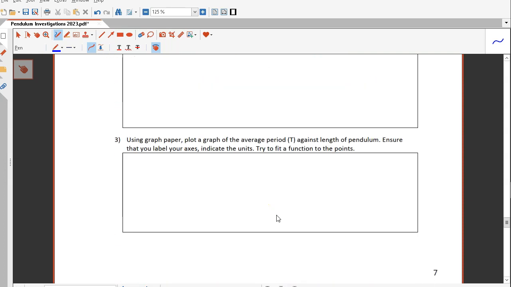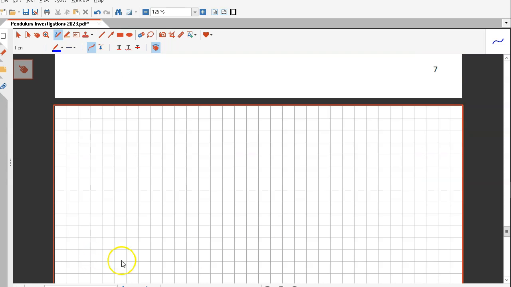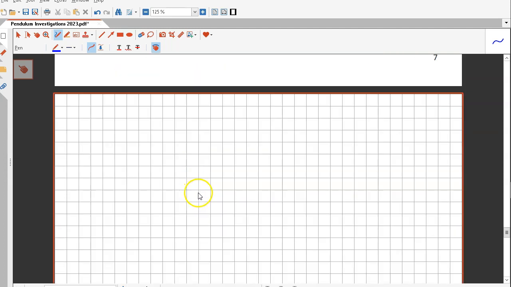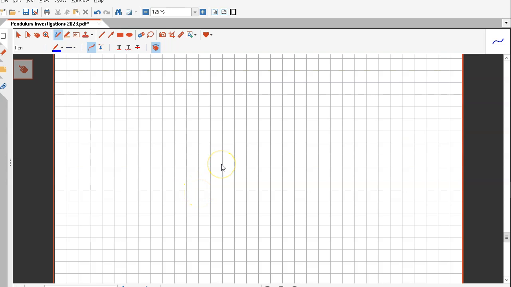So what we're going to have on the x-axis is the length of the pendulum. Let's choose our lower limit. We want to go from 0.2 to 0.6. We could choose to actually go from 0.